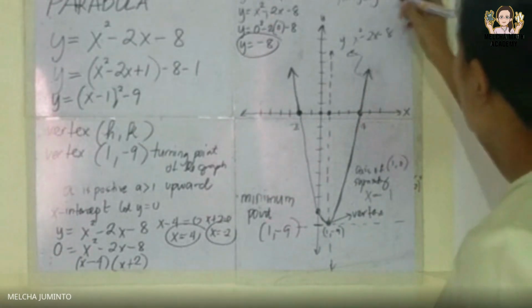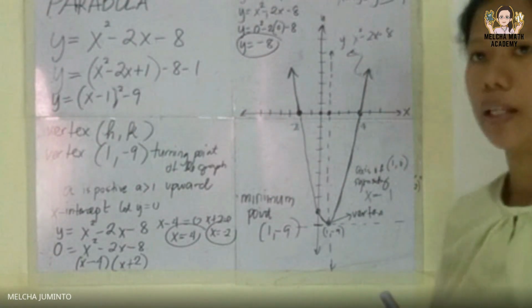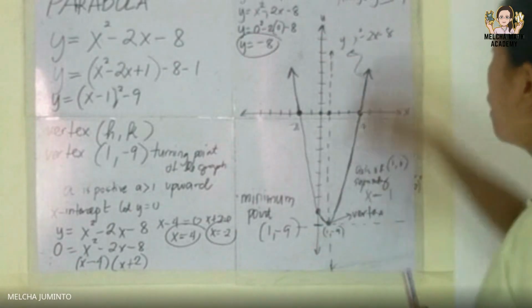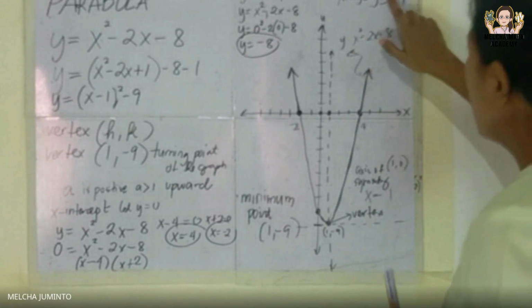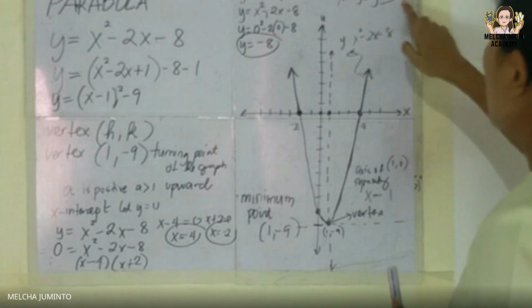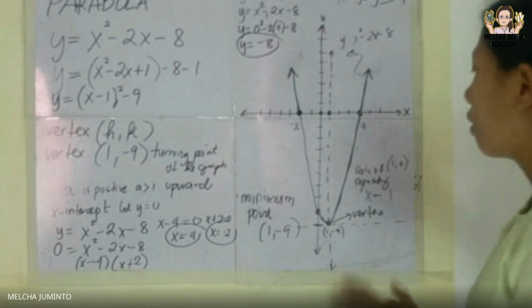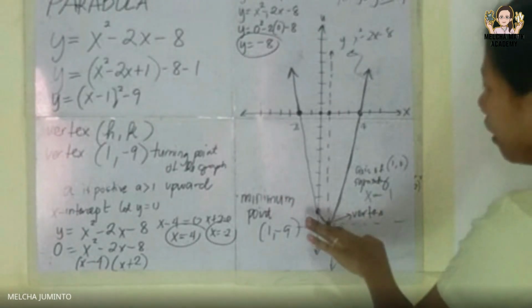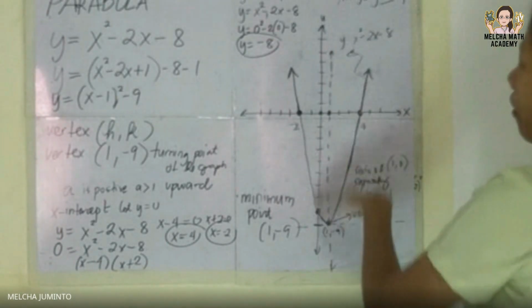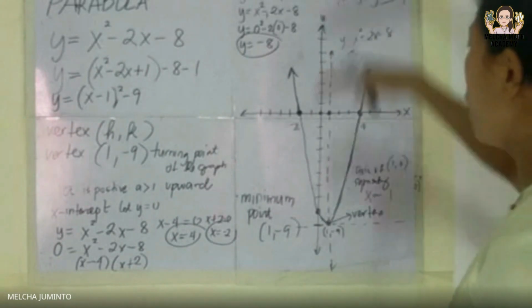Therefore, y should be greater than or equal to negative 9. Meaning, below negative 9 are not part of the values for y. Only from negative 9 upward, or negative 9 and bigger numbers, are the values for range.